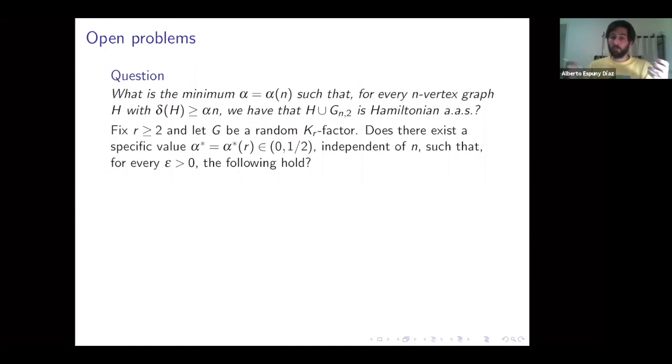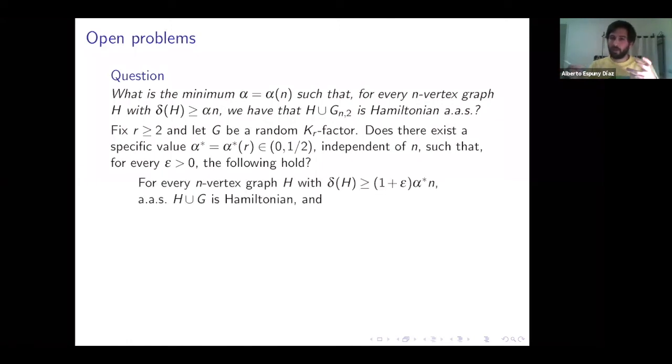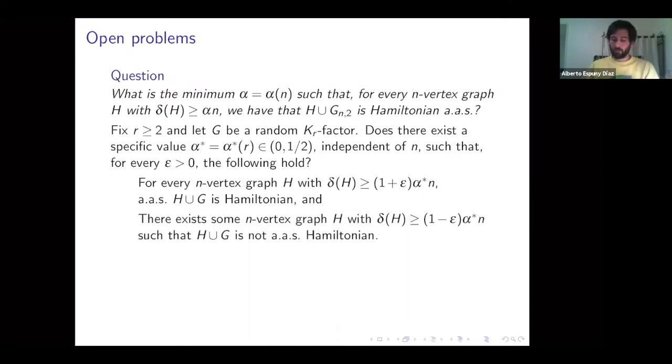And then I'm asking for this random graph, is it true that there is some minimum degree for which, if you are above this alpha star, then you are guaranteed to have Hamiltonicity with very high probability? But if you are below, there is some sort of counterexample for this. So basically what we have proved in our result about one-regular graphs is that this alpha star of 2 exists and is equal to √2 - 1.